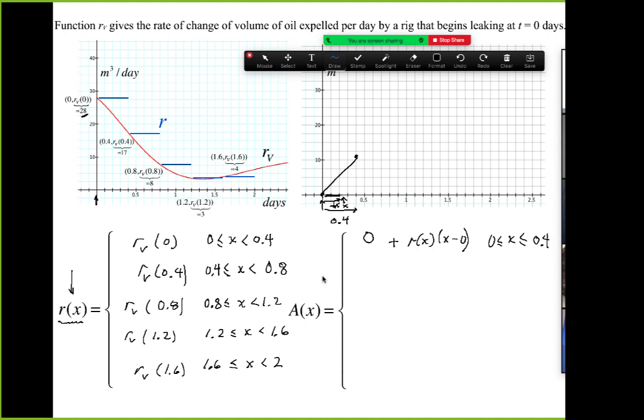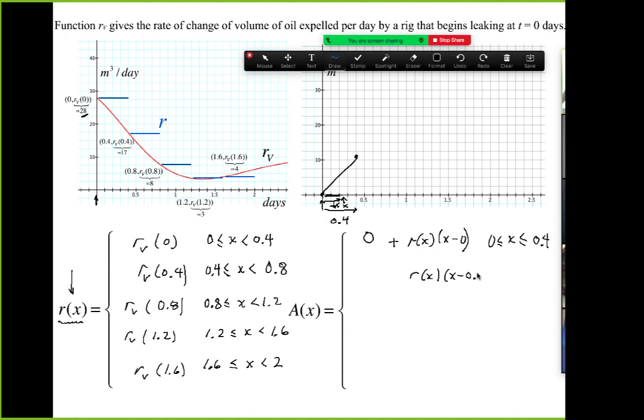So who thinks they can do the next line? Anyone want to try it? Sarah, what do you think? You think you can do it? Yeah, I got the first part where it was r of x times x minus 0.4.